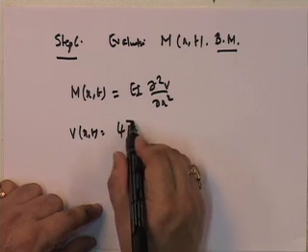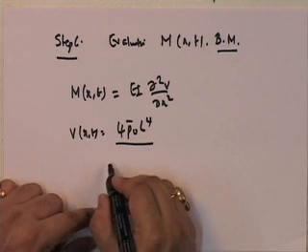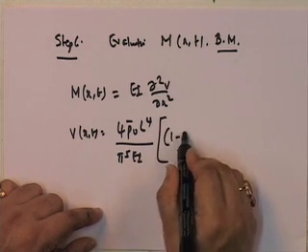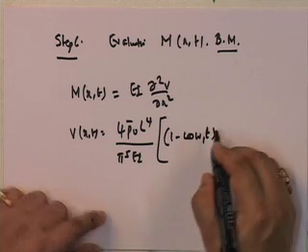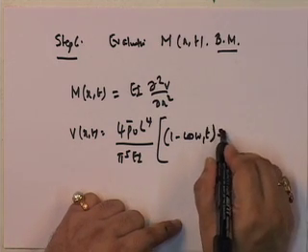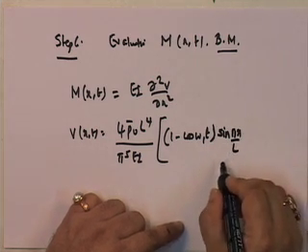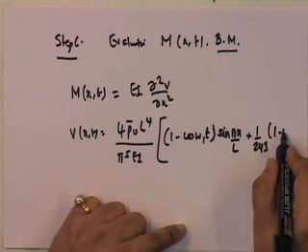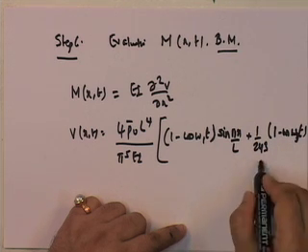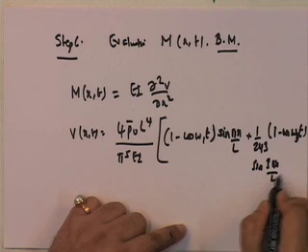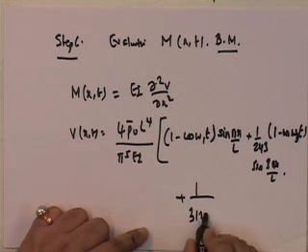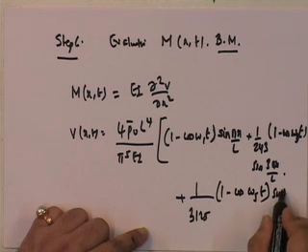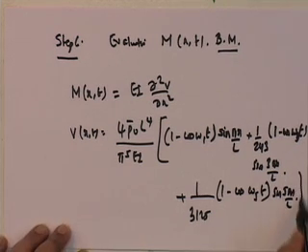Vx of t was equal to 4p L4th upon EI into 1 minus cosine omega t into sine pi x upon L plus 1 upon 243 1 minus cosine omega 3t sine 3 pi x upon L plus 1 upon 3125 into cosine omega 5 into sine 5 pi x upon L. So differentiate this.